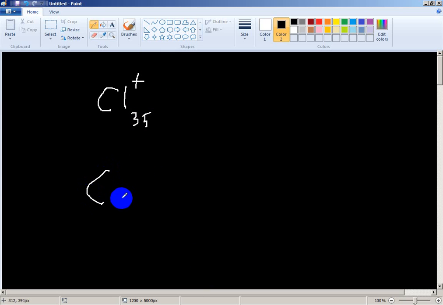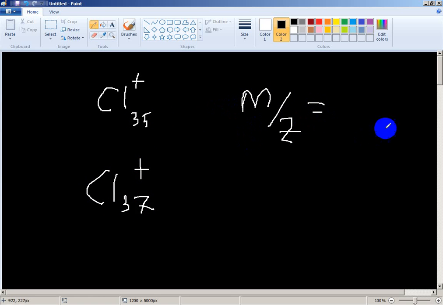Chlorine 37, what is the mass? Chlorine 35, the mass is 35. The mass to charge ratio is m divided by z. This sample has mass 35 and one charge, so 35 divided by 1 is 35.